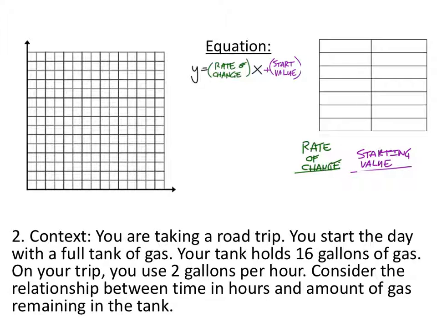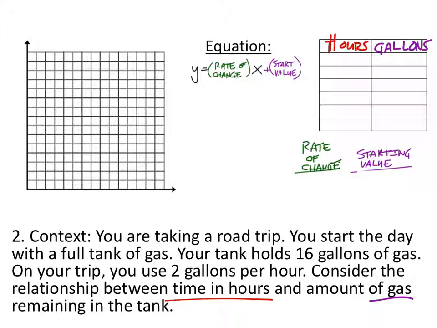The 2 things that we're comparing on this, it just says at the bottom, consider the relationship between time in hours and amount of gas remaining in the tank. This one gave us a time, so we should know right away that time is always going to be our x value. So I've got time in hours for our x's, and the y values are going to be amount of gas in the tank, which is in gallons.